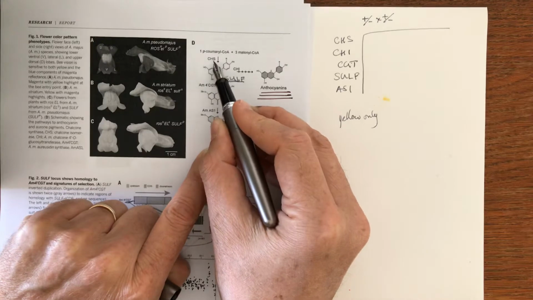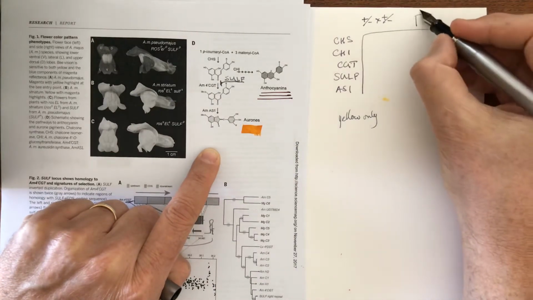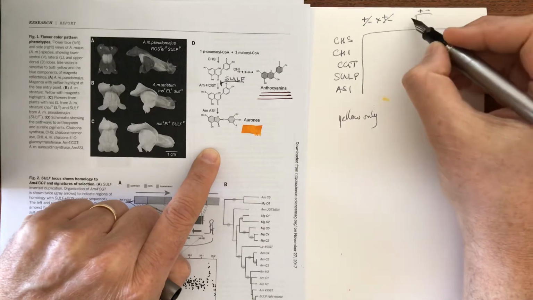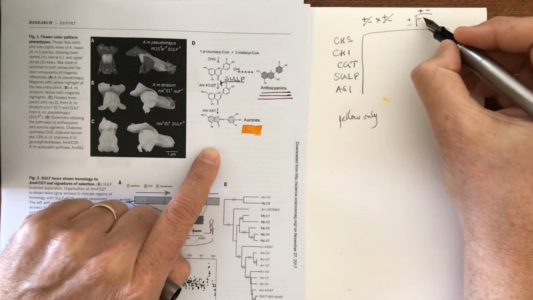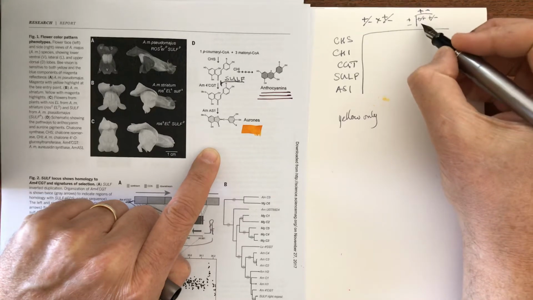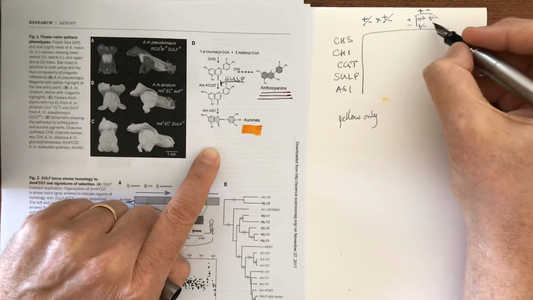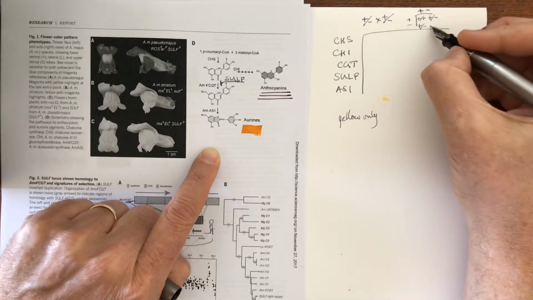activity of CHS. So if we do the typical Punnett square, I'm going to show that here, right? We can have functional and null, and we expect the product is going to be homozygous functional, the two heterozygotes, and homozygous null, so 1 to 2 to 1.